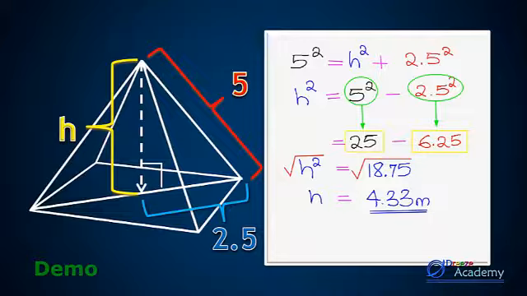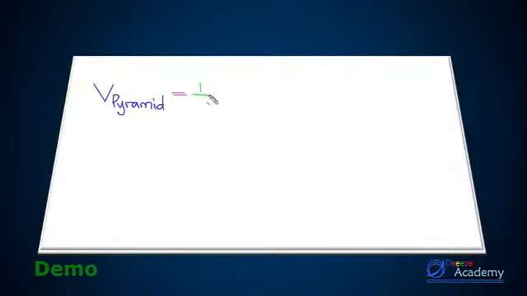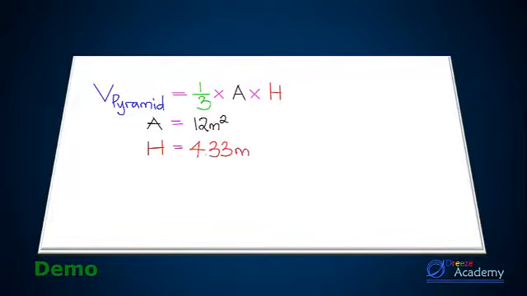Interesting. Okay, with our derived vertex height h, we'll then proceed to find the volume of the pyramid. That's right. We know the volume of the pyramid as 1 over 3 times base area times vertex height. We'll simply input the figures derived and calculate. Our base area is 12 square meters and the derived vertex height is 4.33 meters.